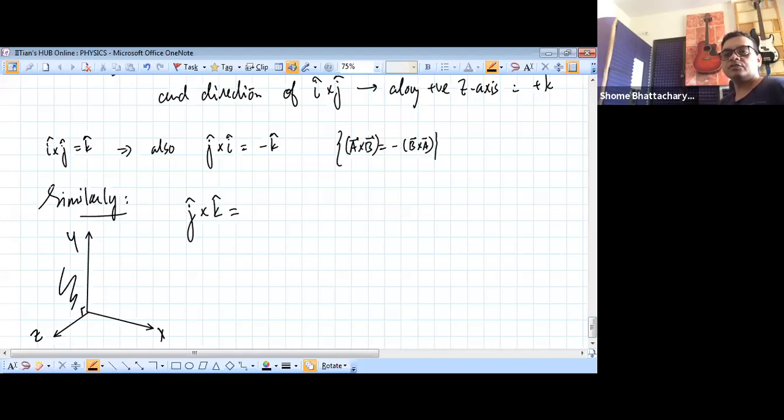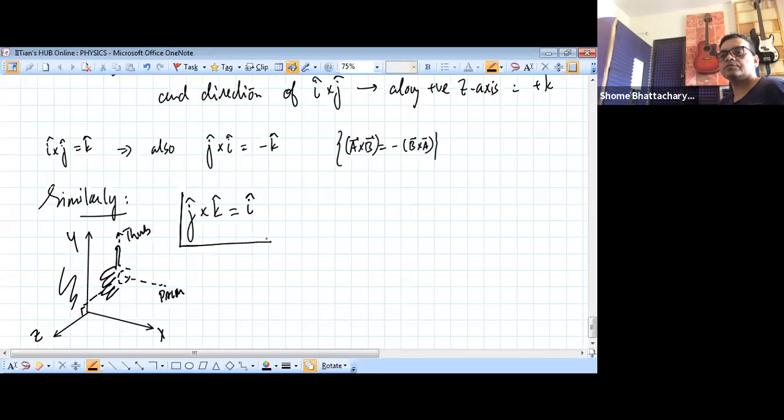Now do the operation of j cross k. So what we'll have to do? You have to place your thumb along the Y axis and your fingers along the Z axis. So how will your palm be facing? Your palm will be facing along the X axis. So your palm is facing this way. When you put your thumb and your fingers like this, this should be positive of i cap.